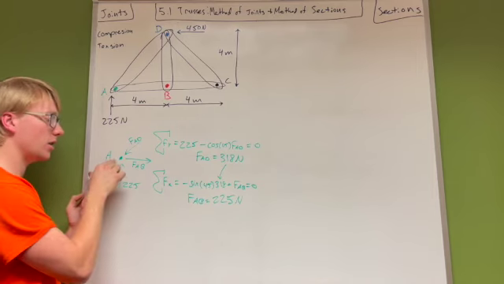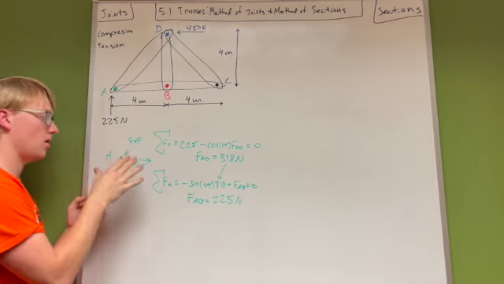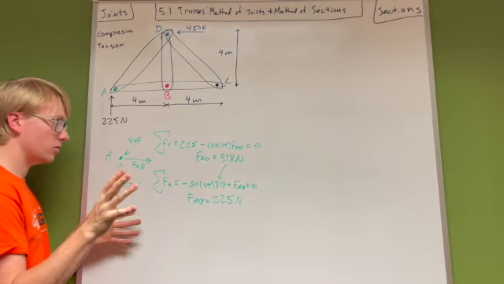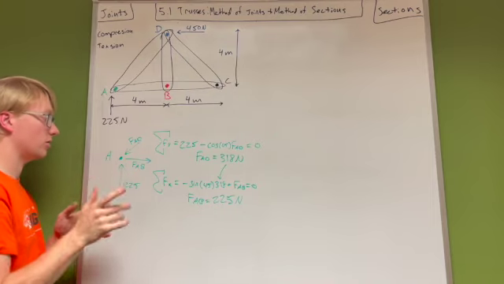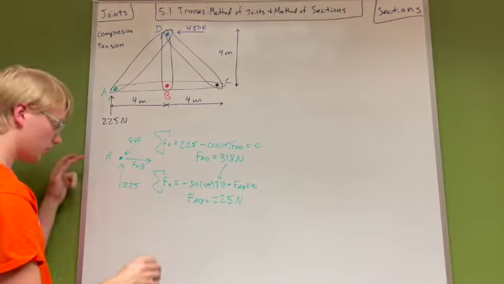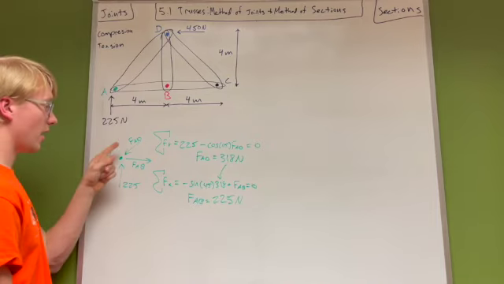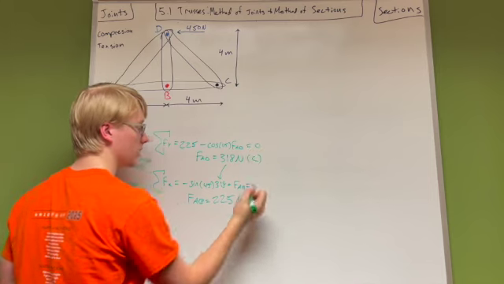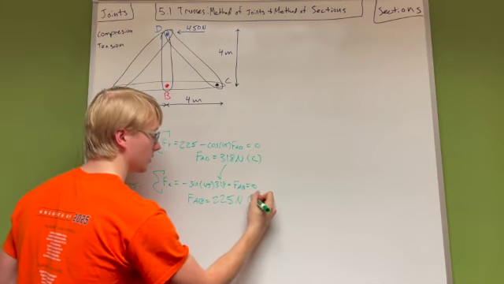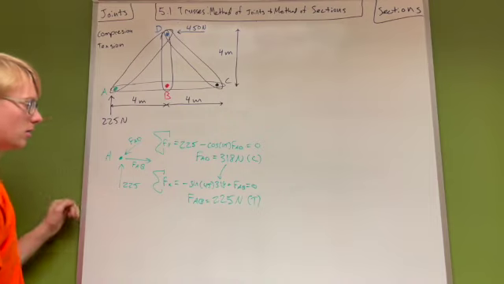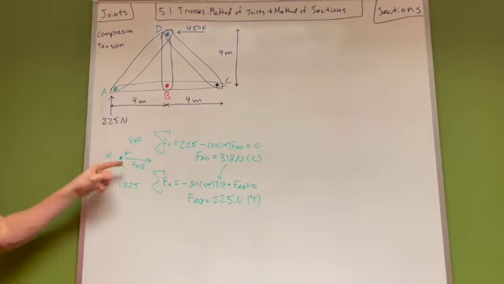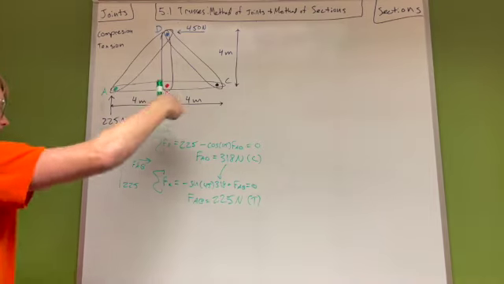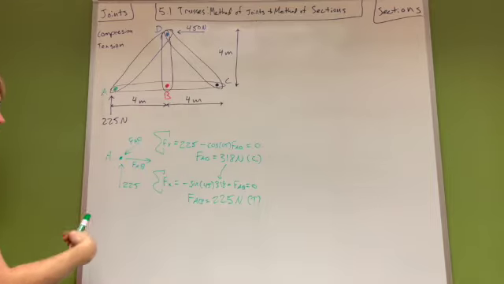That's what it is when you look at A, and that's how you should view compression and tension. So it's safe to say that FAD is in tension. Or no, I'm sorry, compression, and FAB is in tension, because the FAB is pulling and FAD is pushing on point A.